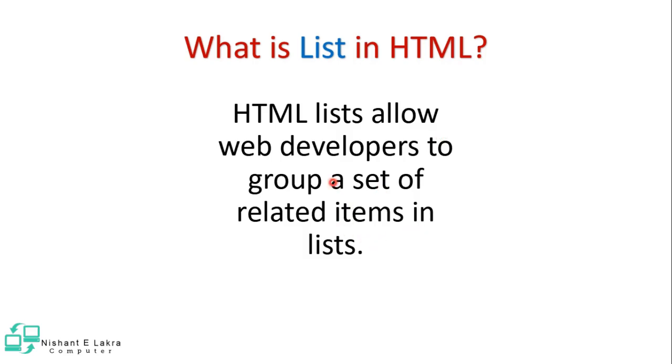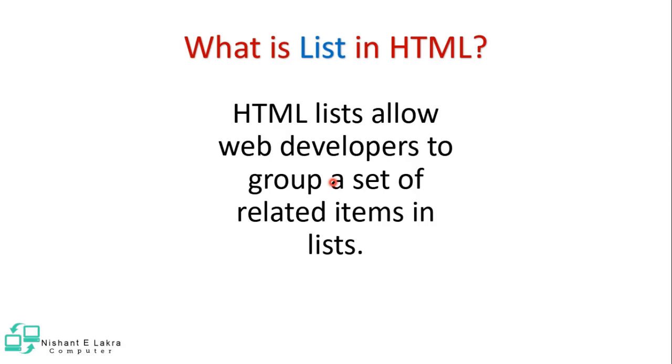So a list is like a list of names, right? That is a group of a set of related items, the same kind of items. For example, roll numbers of class 7, names of students of class 7. This is a group of a set of related items in a list.